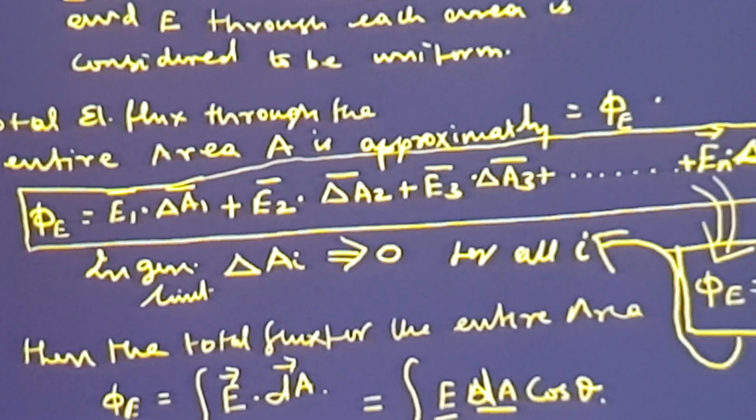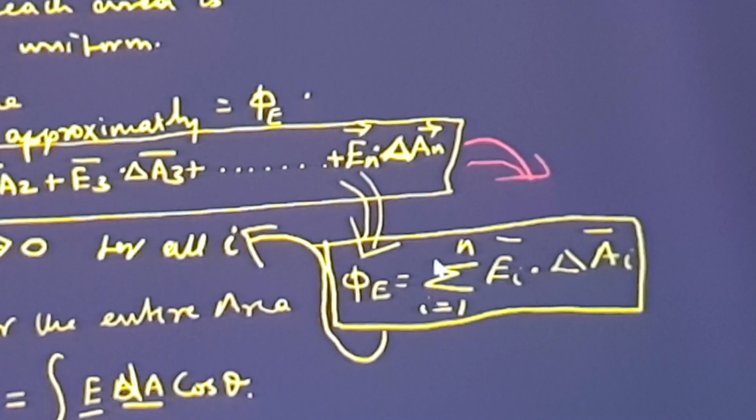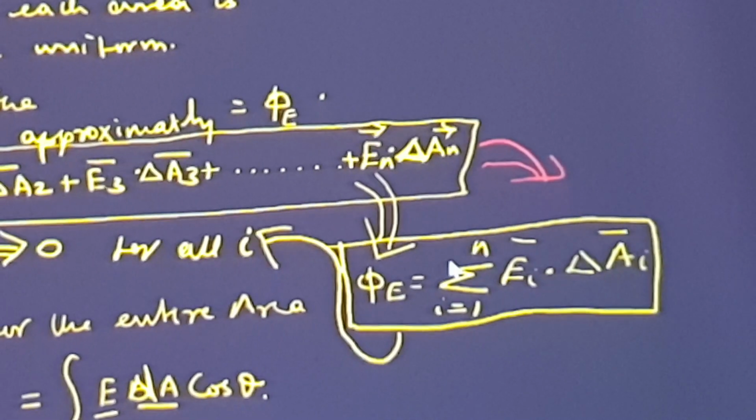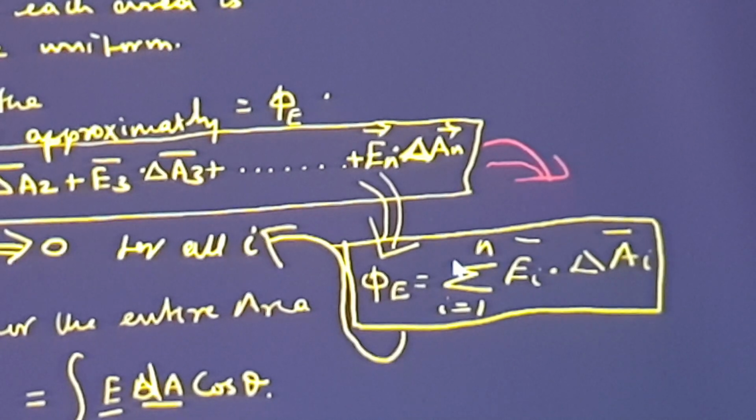When you write it in terms of sigma, you get phi E is equal to sigma of Ei vector dot delta Ai vector. The value of i varies from 1 to n. So this is a mathematical notation in terms of sigma, summation.